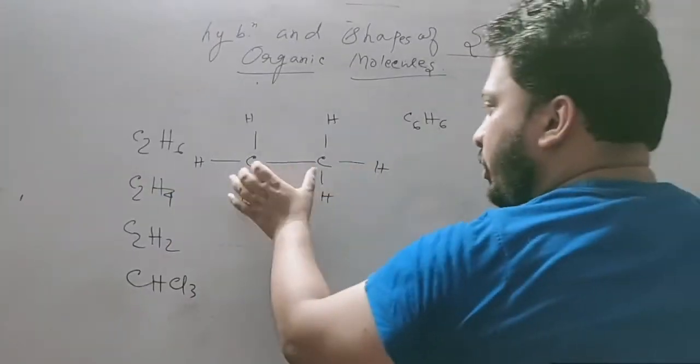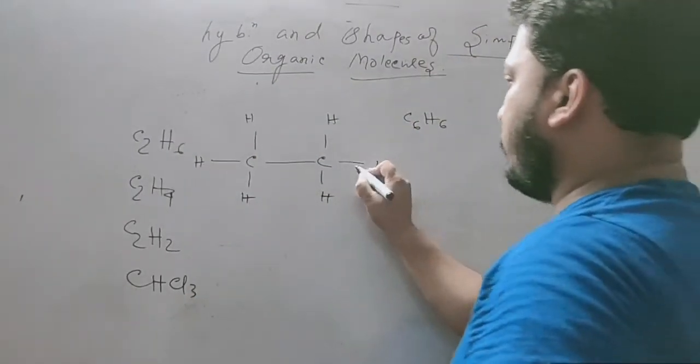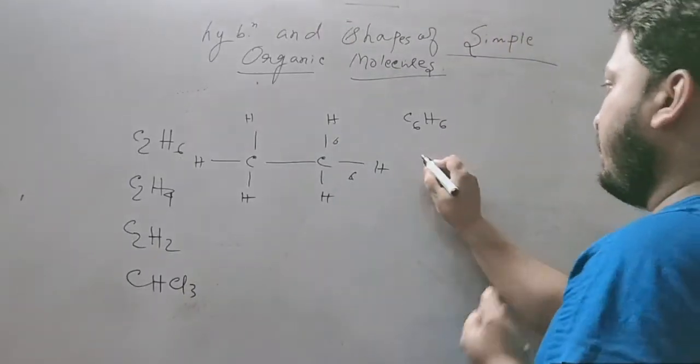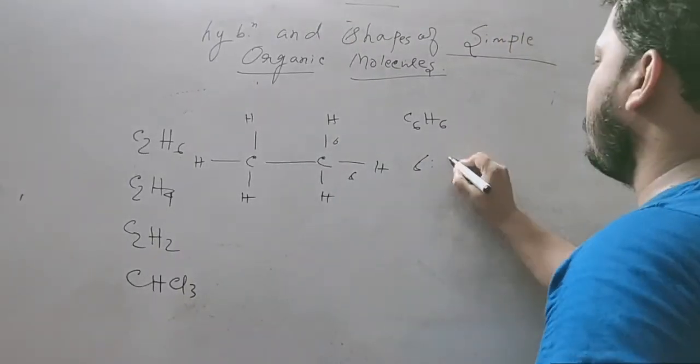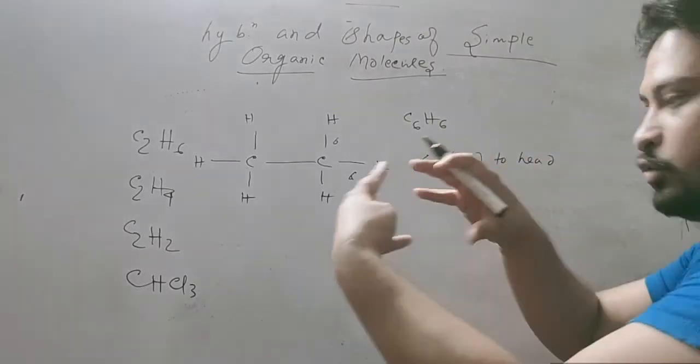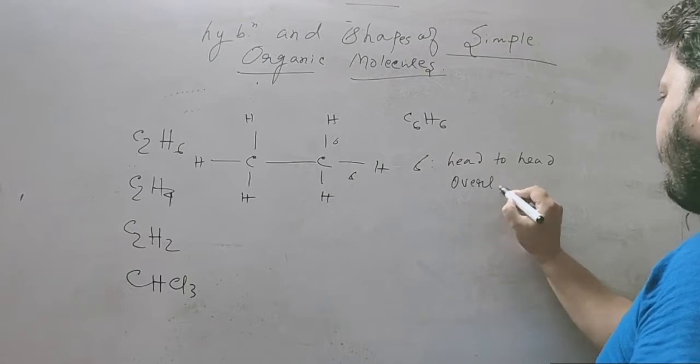So the bond between carbon-carbon and the bond between carbon-hydrogen, all are sigma bonds. The nature of the bond is sigma. Why sigma? Sigma means head to head overlap.